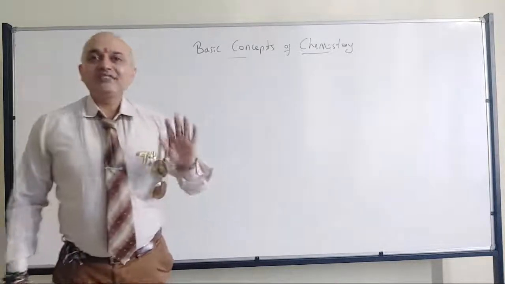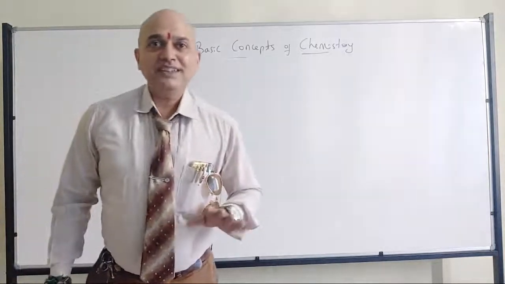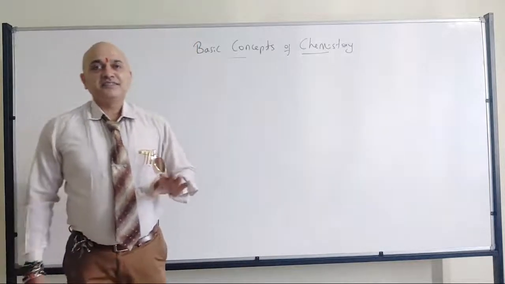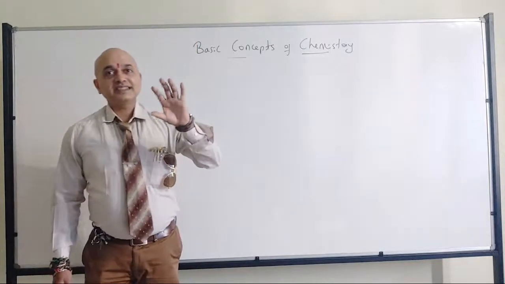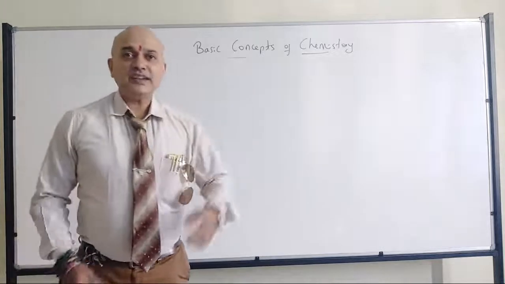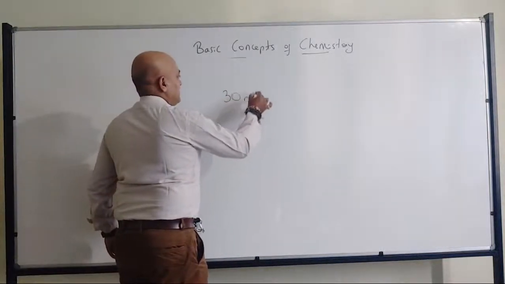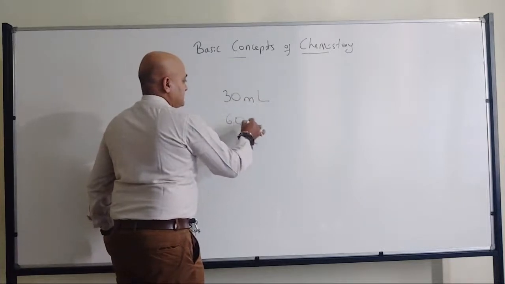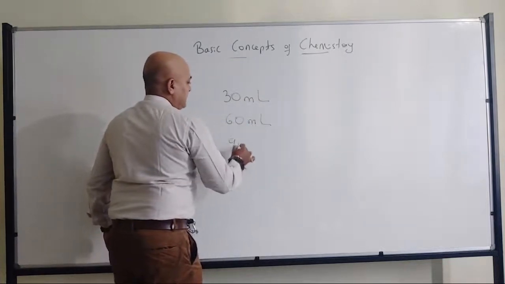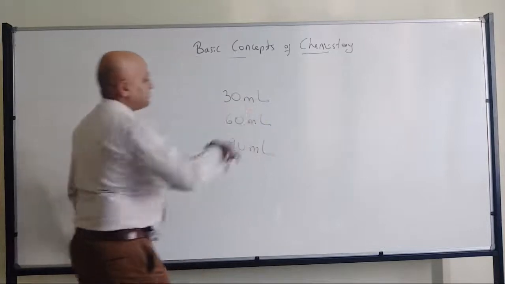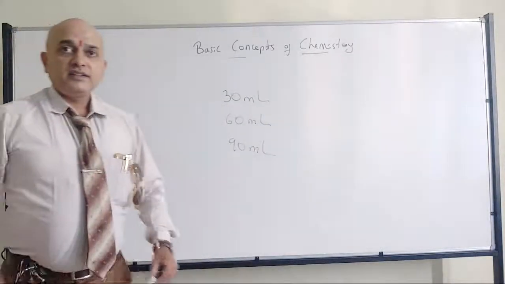No, I have seen my friends and all, okay? Fine. So 30, 60, 90. What is that? I was talking about 30 ml, 60 ml and 90 ml, like that. It goes on. What is this?